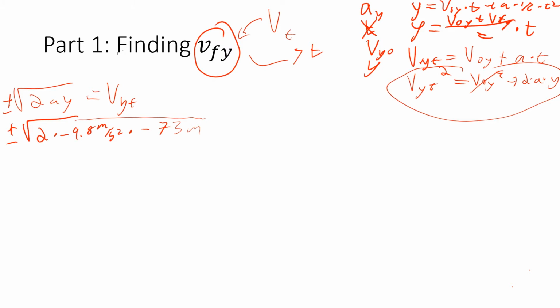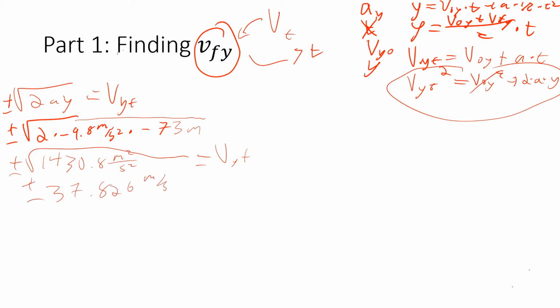So if we multiply these all together, we get plus or minus the square root of 1430.8 meters squared over second squared equals Vy final. So if we take the square root of that, we get about 37.826 meters per second.